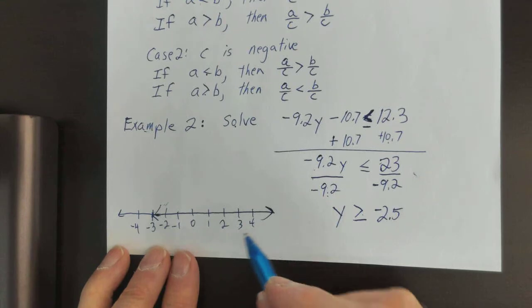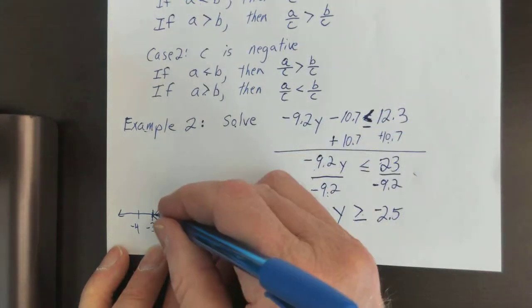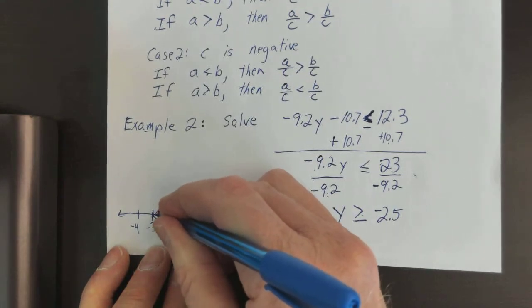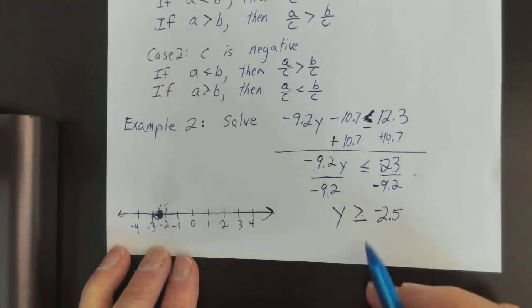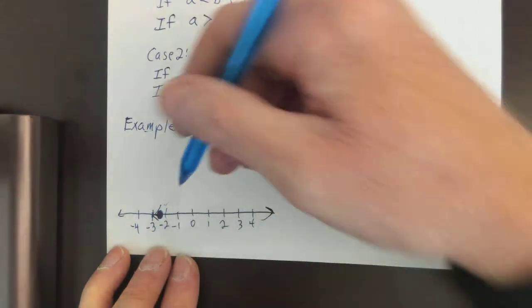So I'm going to kind of go halfway in between. This time I'm going to put at negative 2.5, halfway between negative 3 and negative 2, a solid circle because it's greater than or equal to. This line will make it a solid circle.